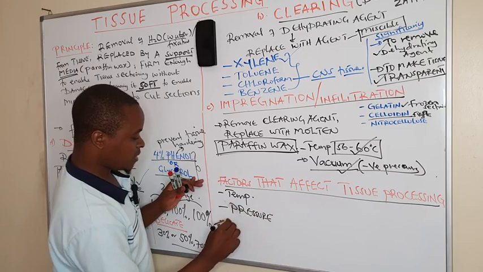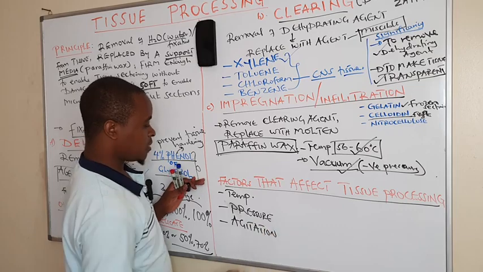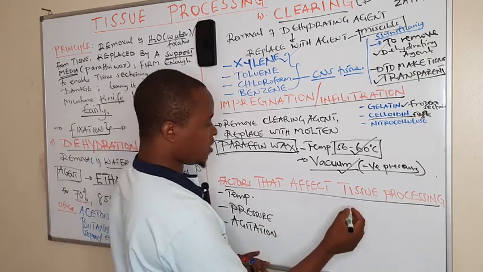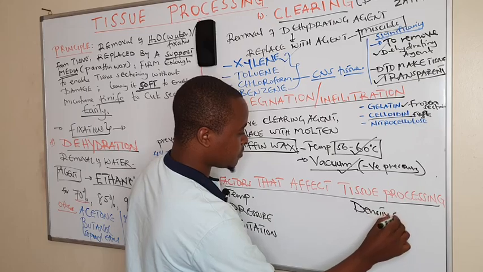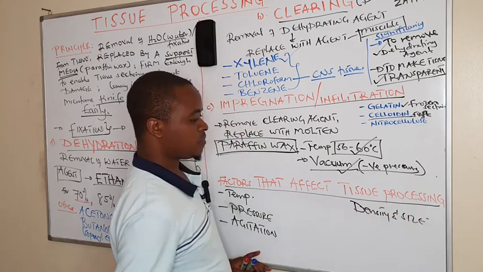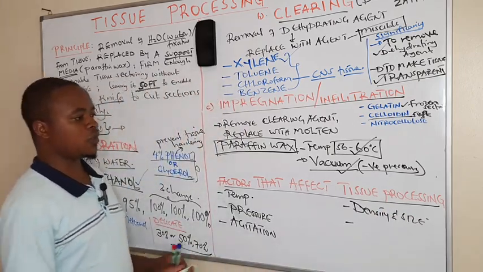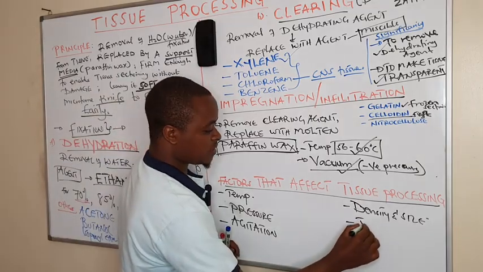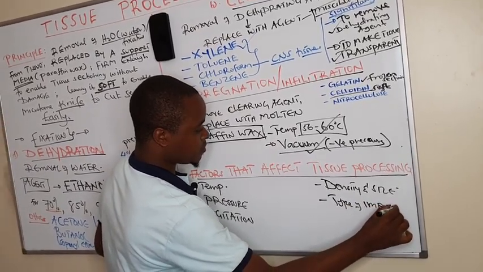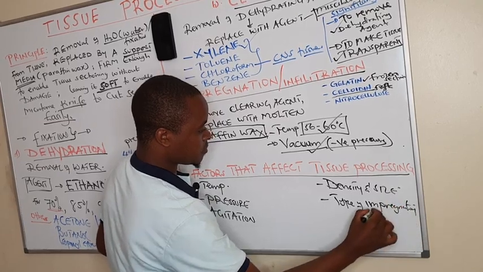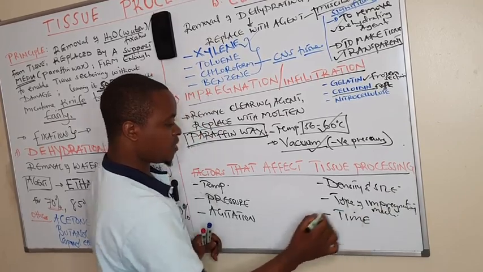Then another one is agitation. Then another factor we can talk about here is size and density of the tissue, and also the type of the impregnating media. Then even the time can also be a factor.